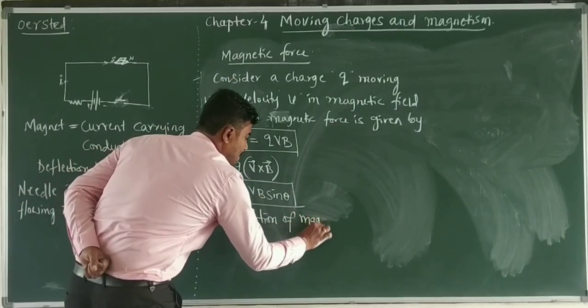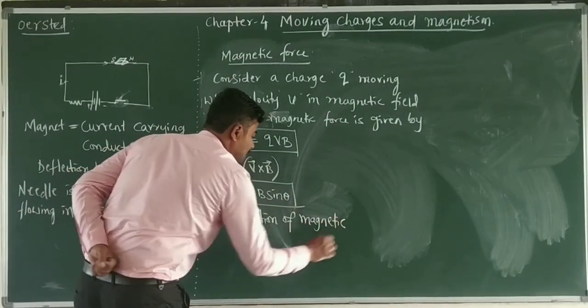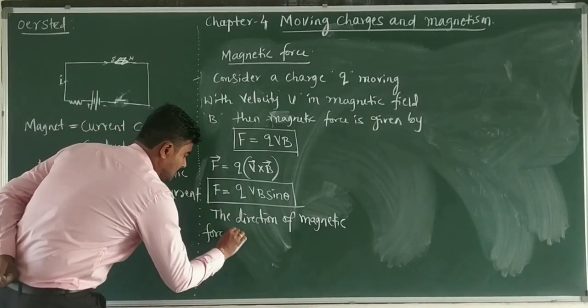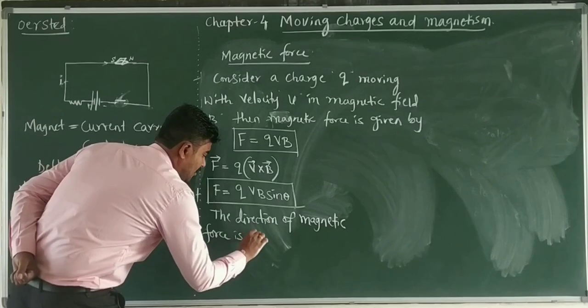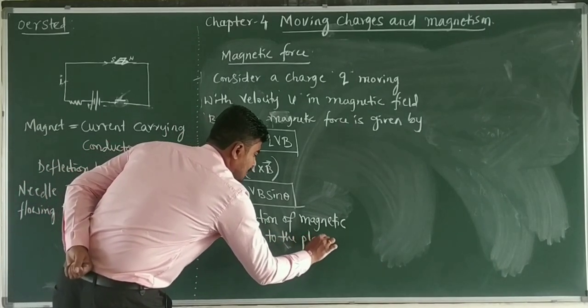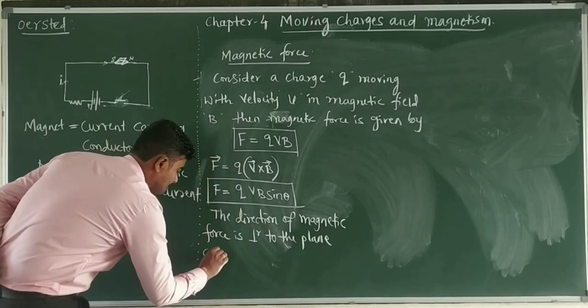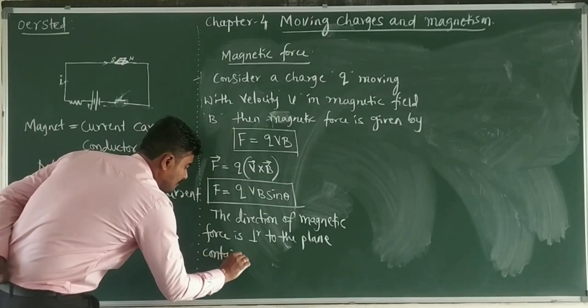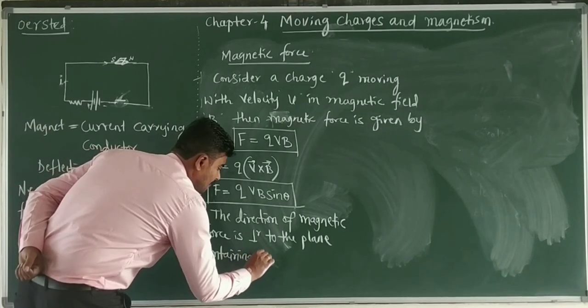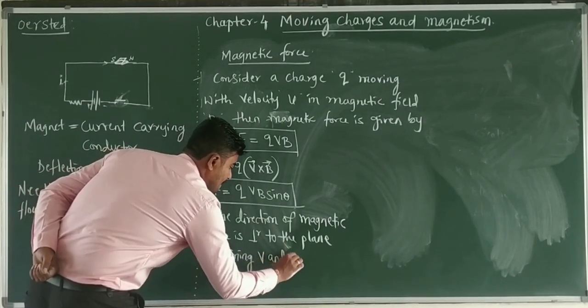The direction of magnetic force is perpendicular to the plane containing V and B.